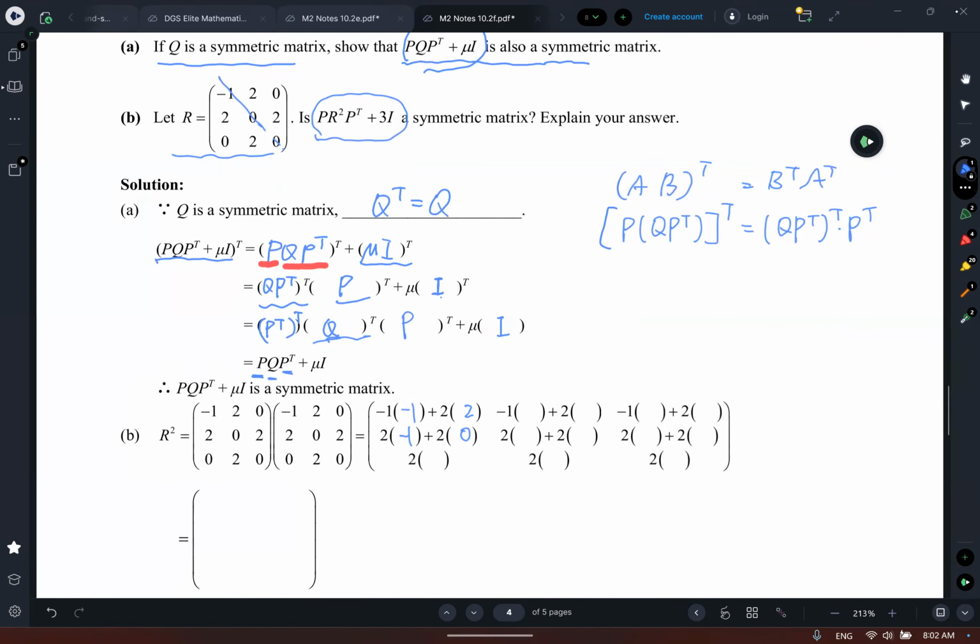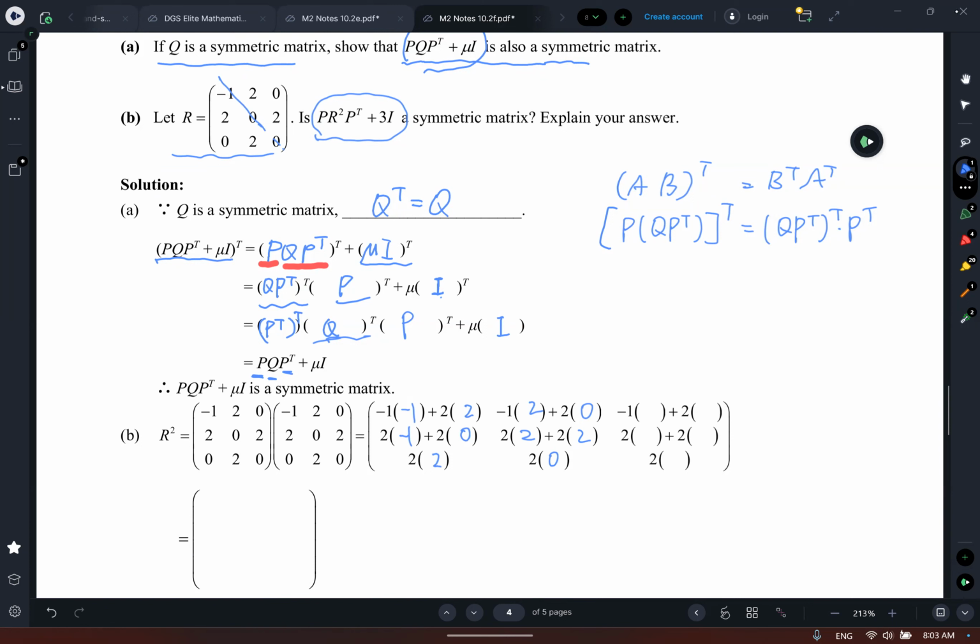The last one is 2 times 2. And for this one, it's 2, 0. And for this one is 2 times 2, 2 times 0 and 2 times 2. The last one is 0, 0, 0, 0, 0, 0, 0. It's all 0.